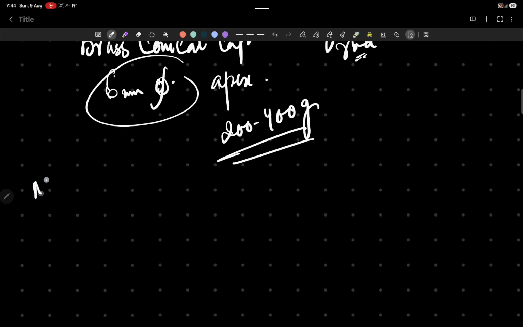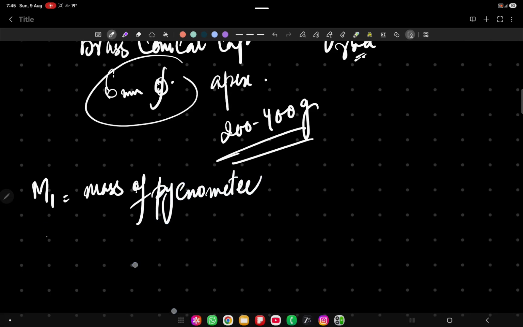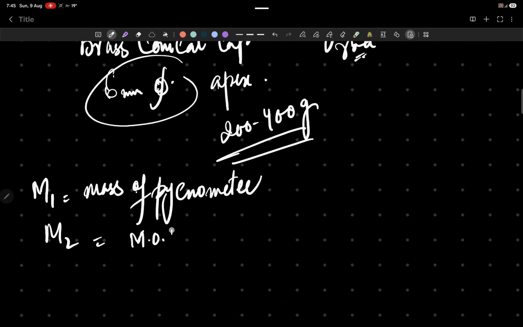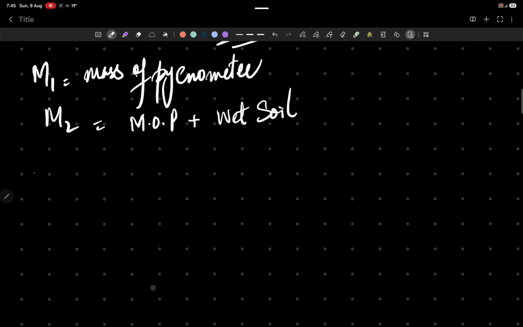What are those? M1, mass of picnometer. M2, mass of picnometer plus wet soil. M3, as I told you before, a sample of wet soil of about 200 to 400 grams is taken in the picnometer and then it's weighed.